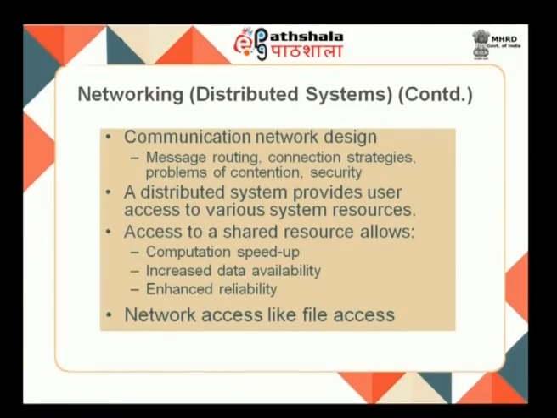Network access by an operating system is also very similar to how file access is done. Network devices can be accessed by the OS using a device driver, and very similar to how files are written or read, you write into the network devices and read from them.